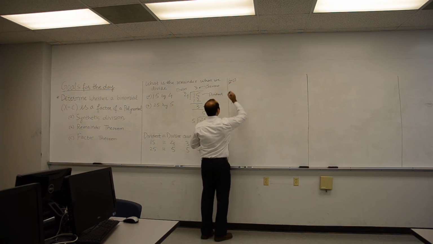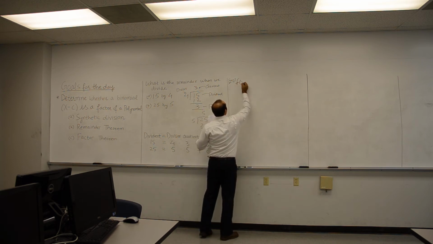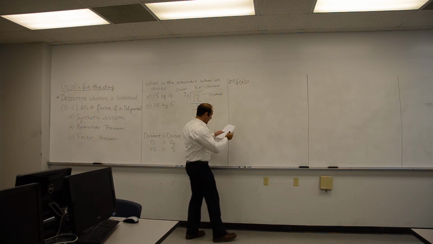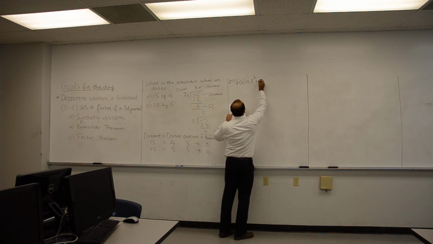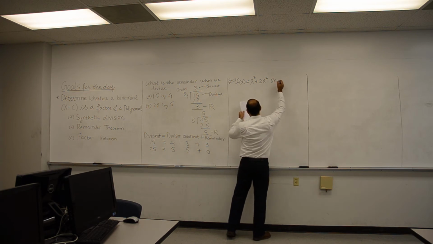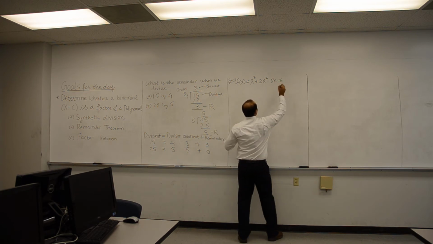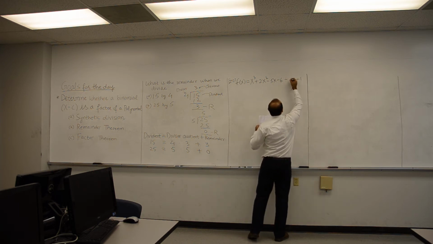Example 1. We want to find the remainder when we divide this polynomial function, f of x, a cubic function, x cubed plus 2x squared minus 5x minus 6, by x plus 1.